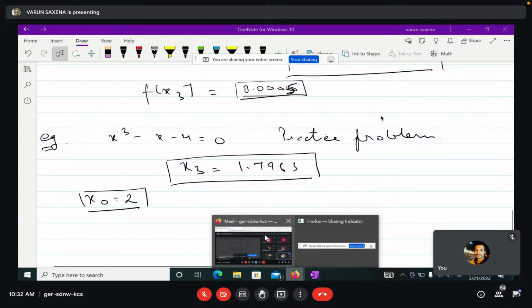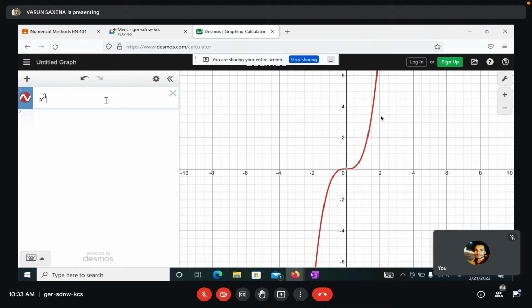So if I write x cube minus x minus 4, you can see where this curve cuts the axis. This point is 1.7960, and the answer I gave you was 1.7963.